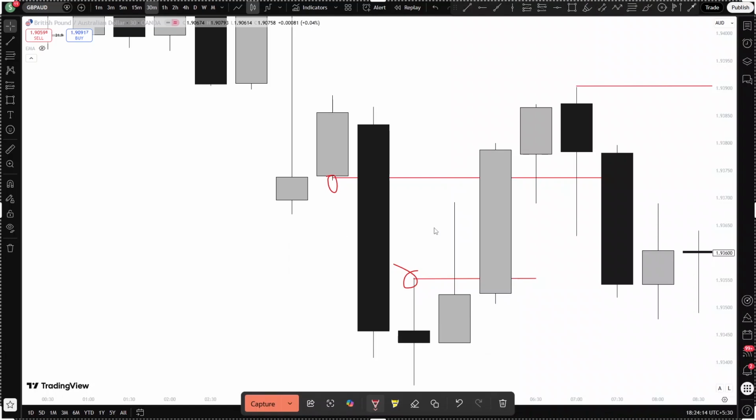Once there is space, we have a fair value gap. Once there is no space, like this candlestick and this candlestick, it means all orders have been filled, so there is no fair value gap here.